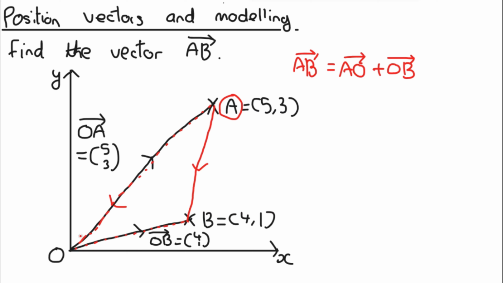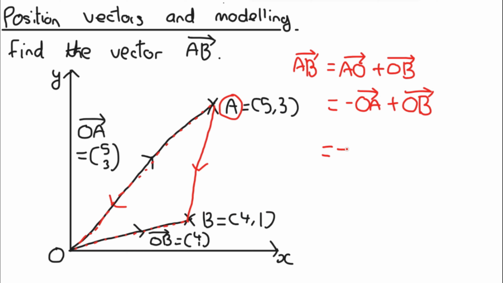And because we know OA is equal to (5, 3), therefore it's going to be minus OA, so we can get, remember, AO is minus OA, plus OB, and then we can just figure it out.